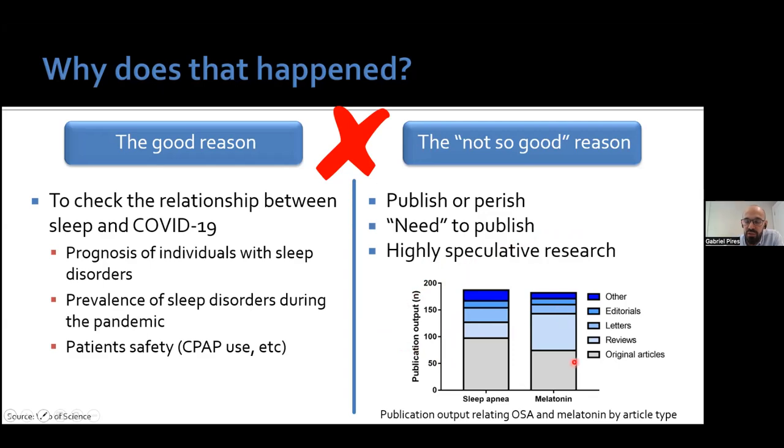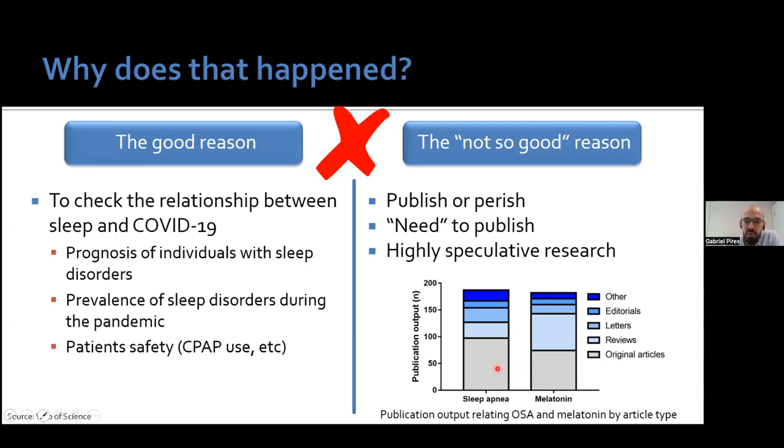I bring here on this chart two examples, which, and this is a personal opinion, were the two kinds of research most related to this speculative research. First, research about sleep apnea, grounded on the fact that people were considering sleep apnea as a risk factor for severe COVID.